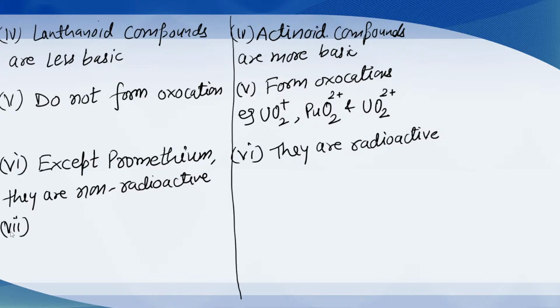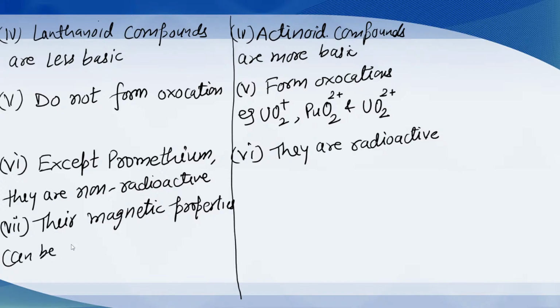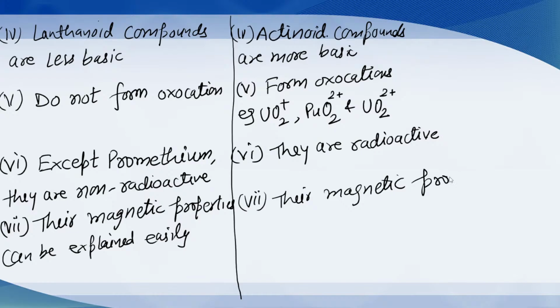The last point of difference is that in lanthanoids, their magnetic properties can be explained easily, but in the case of actinoids, their magnetic properties cannot be explained easily.